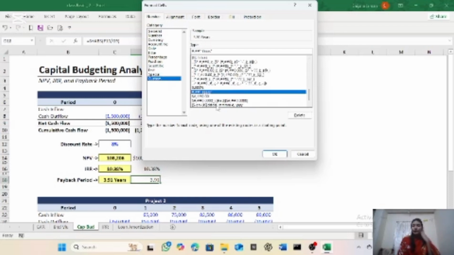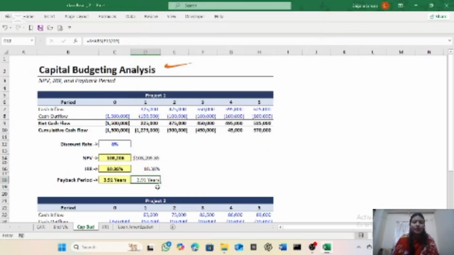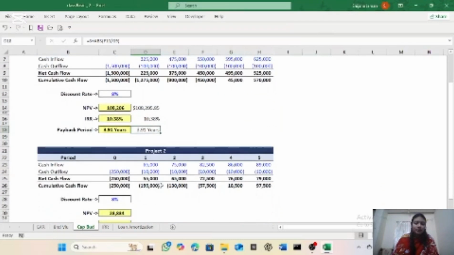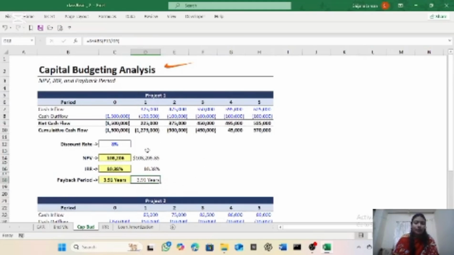If years is not included, we have to type hash, then years, like this. Press OK. Yeah, 3.91 years now, and it is our project one's payback period, net present value, IRR.